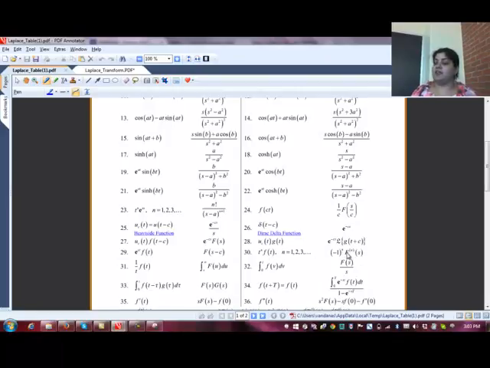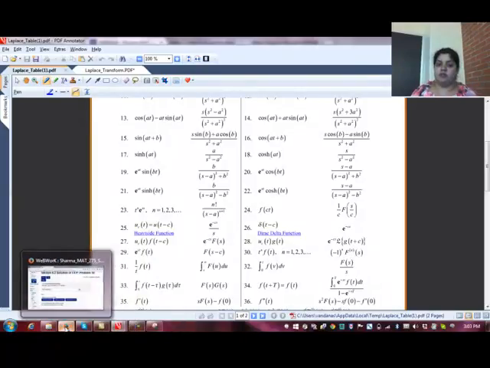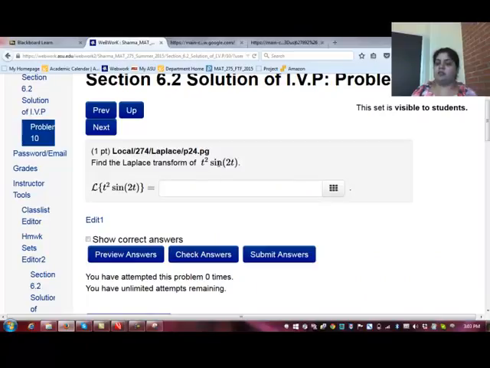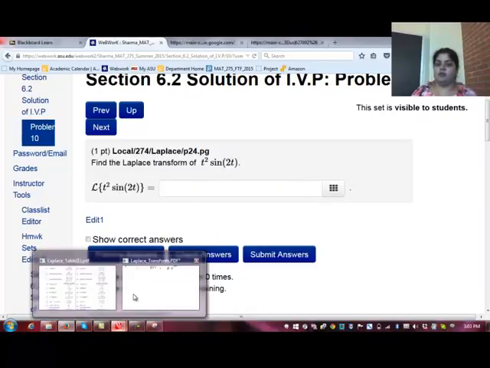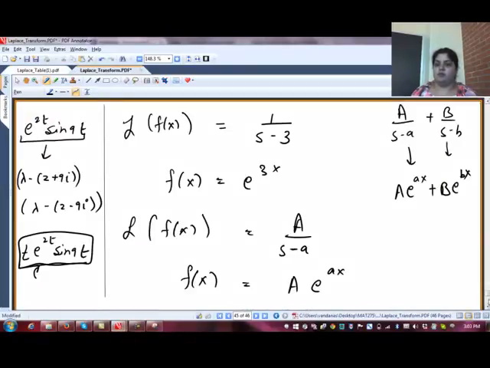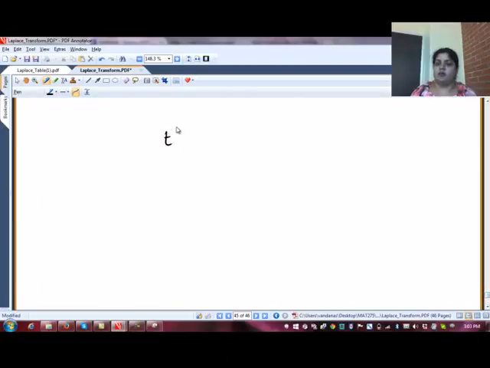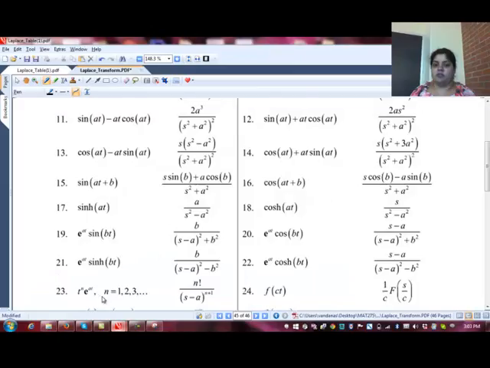So in this situation, when you are doing t square sine 2t, if you are trying to find the Laplace transform of this function, then you invoke this formula.